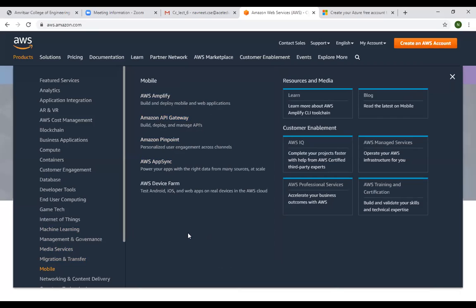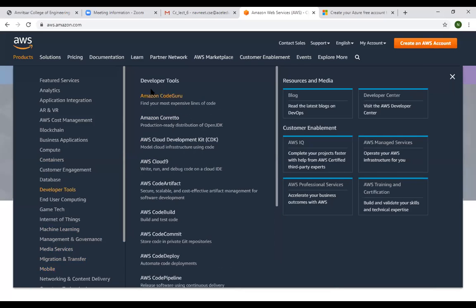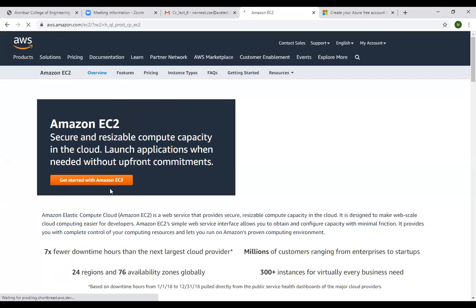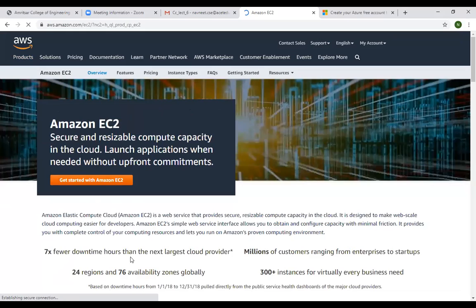Before using any kind of service, always remember one thing. If we discuss compute, Amazon EC2, I can click on this Amazon EC2, this service will open up and they will give you a detailed overview of how you can use this service and what things are available.